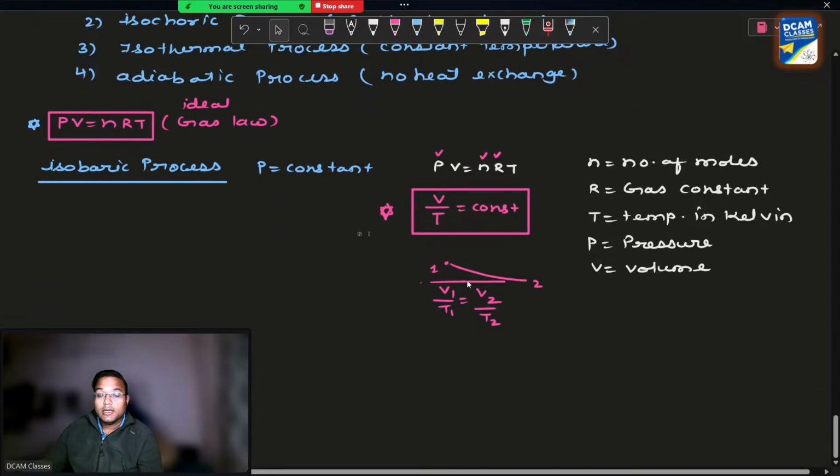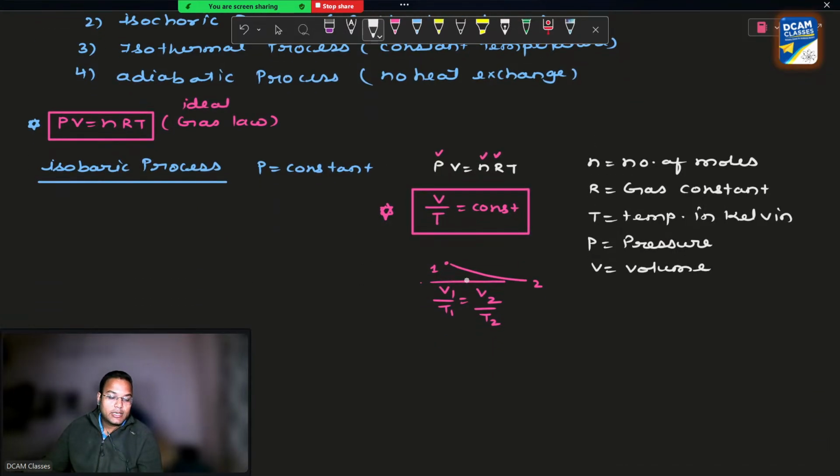Correct? Now coming to applying the isobaric process to the first law of thermodynamics, delta Q is equal to delta U plus delta W. In an isobaric process, whatever I told you in the beginning, whatever may be the process, the value of delta U does not change.